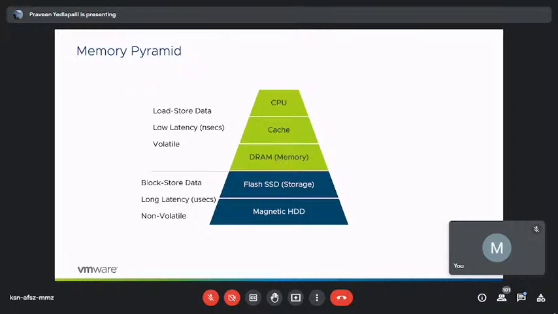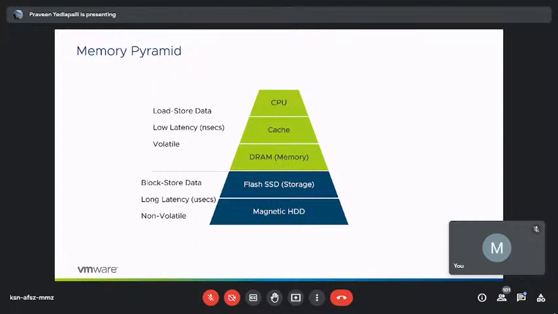But to access storage, you do a different kind of operation called block store, like read and write operations. That's the main difference. And the other difference is in memory, latency is very low. That means it's very fast, in the order of nanoseconds. And storage is long latency, in the order of microseconds.